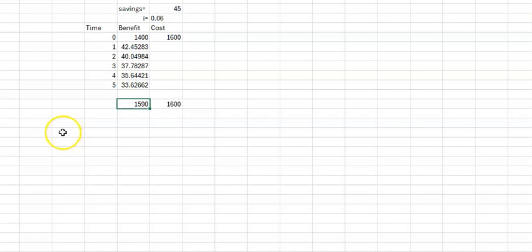So we would not purchase the energy efficient refrigerator because the benefits are less than the cost. We can take a look and see how the discount rate changes this. Let's drop the discount rate down to 0.02. If we discount those future savings at a lower rate, then the benefit of the energy efficient refrigerator would outweigh the cost.